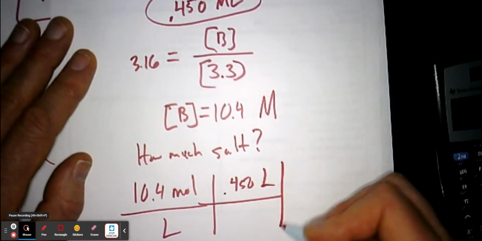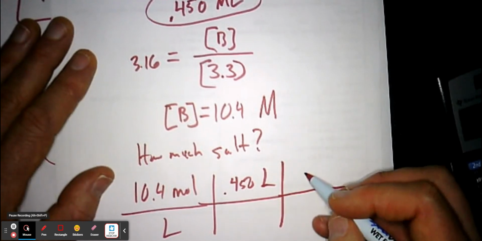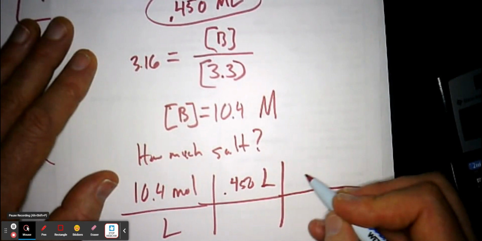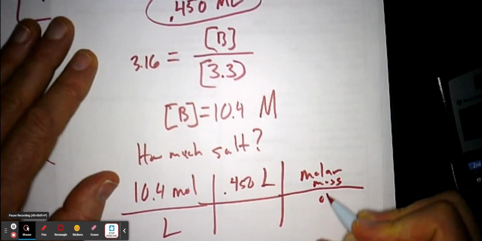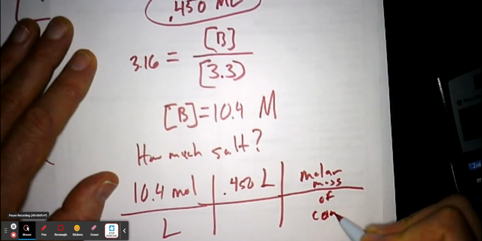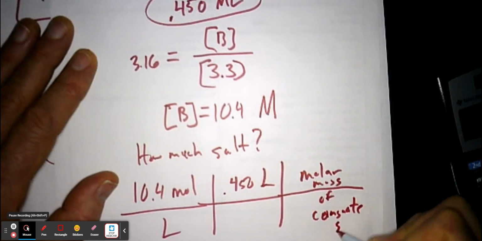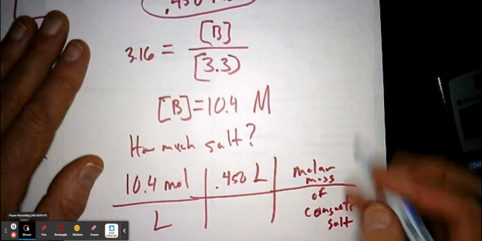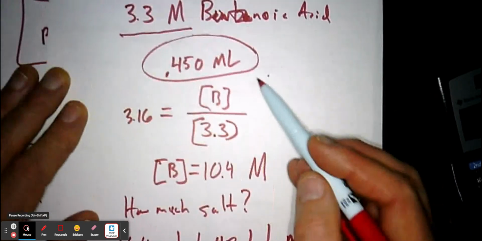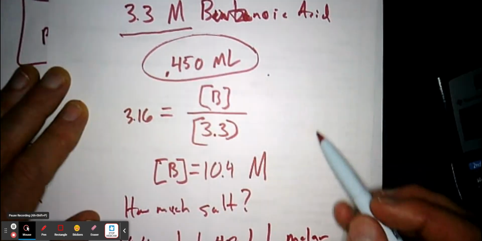That's going to get me moles, and then I would multiply this by the molar mass of the conjugate salt. And then I would put that in my beaker of this 450 milliliters of this, and dissolve. All right? And that's how I would do it.